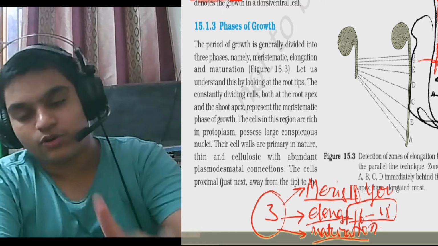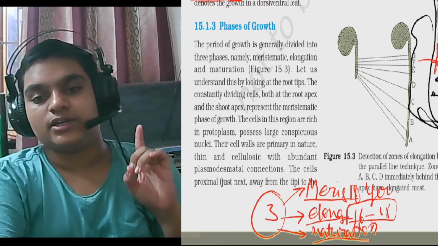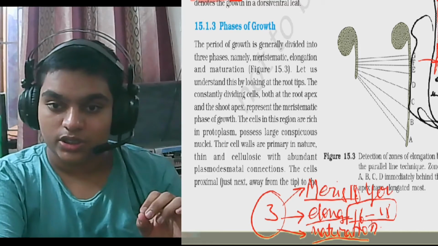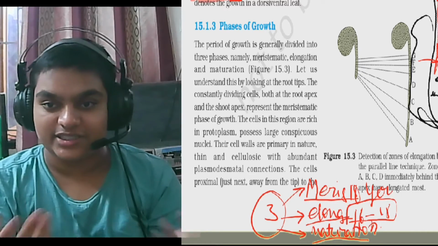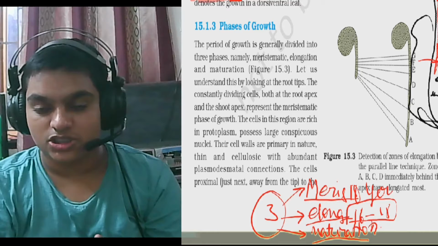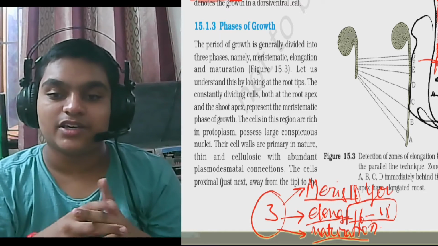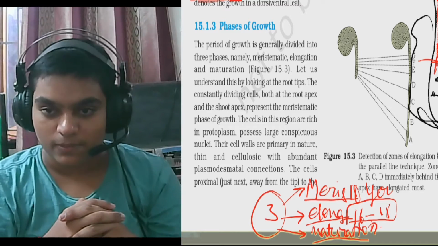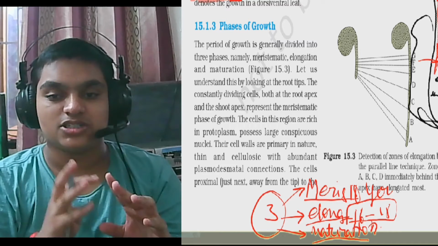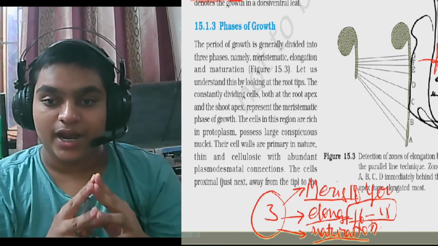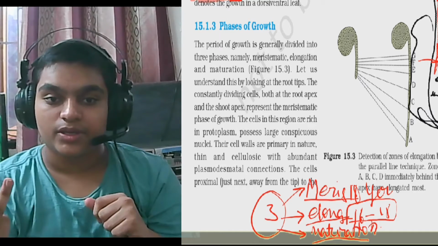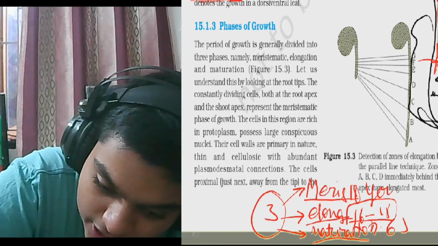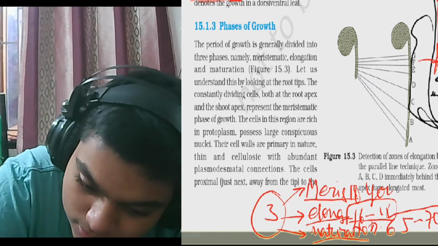That is why I told you, if you feel this trick is not right, please leave it. Maturation: we can compare the maturation stage of a plant to our senescent stage, old stage, the 65 to 70 years average human.